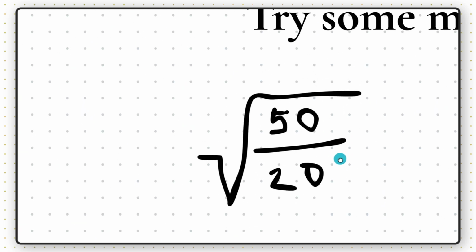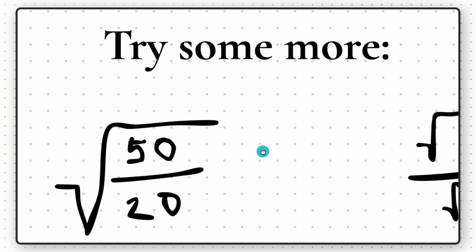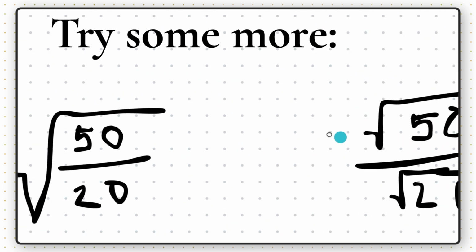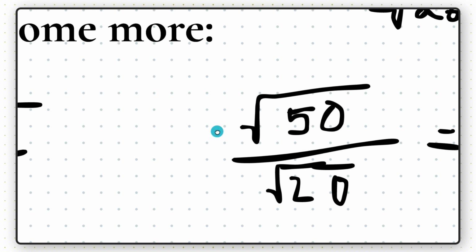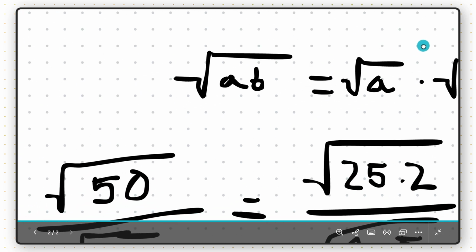Okay, so our first question is the square root of 50 divided by 20. Now, we obviously rewrite this using our rule as the square root of 50 divided by the square root of 20. Now, if you take a look at these, you can notice that they can be simplified further, right? By using this product rule up here to break them down into their factors.